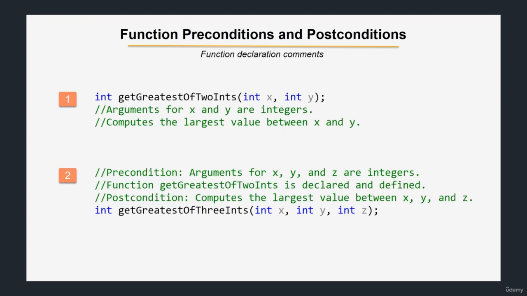So precondition and postcondition. Yes, it takes some extra typing, but then it's clear what is what. You can see the precondition here is similar to the first one: arguments for x, y, and z are integers. Again, if you pass in floating point variables, those could lose data. In these examples it's kind of difficult, because in the next module you can actually have parameters that change or affect the variable that you pass in to the function.